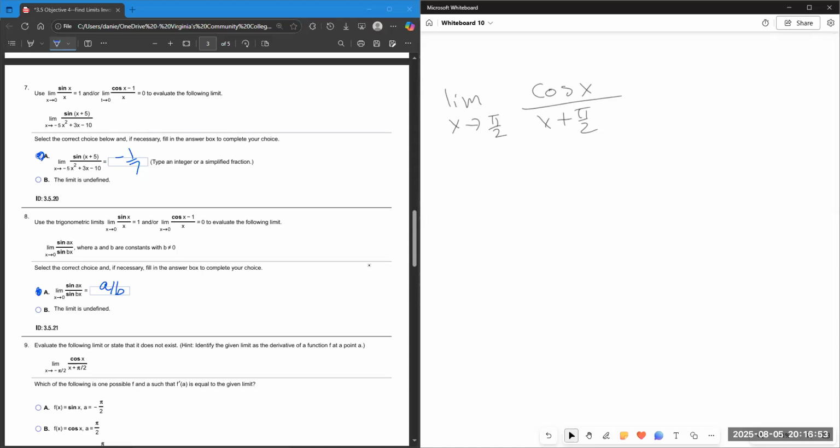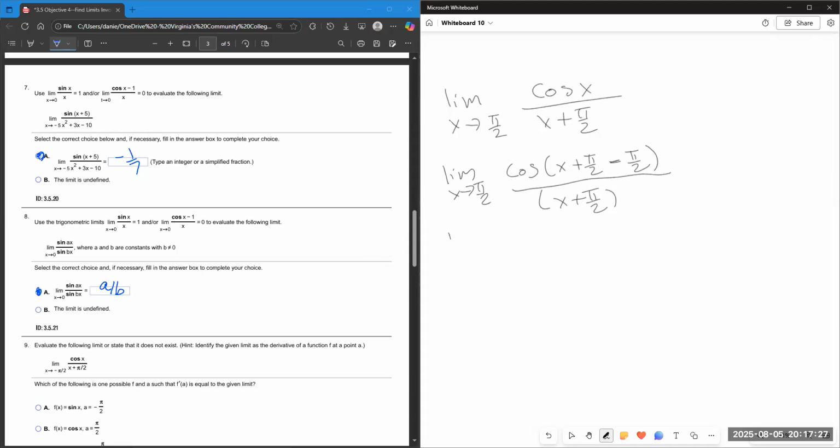So the first thing that I want to do here on number 10 is get x plus pi over 2 to show up in the numerator. So I'm going to say this is cosine of x plus pi over 2 minus pi over 2, like so, and then x plus pi over 2 in the denominator, so that I have my u substitution going on here.